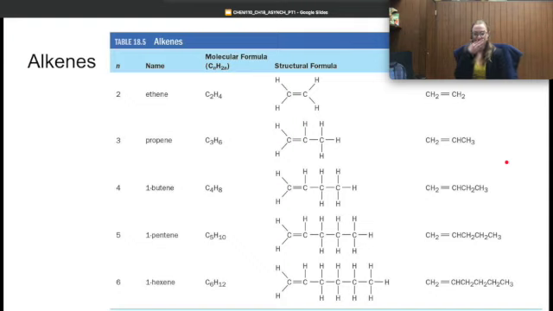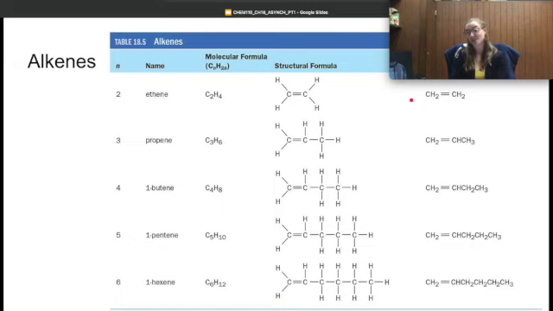You should be able to look at the structural formula or that condensed structural formula to determine if this is an alkene, alkane, or alkyne. And an alkene has a double bond somewhere in its structure. So alkenes are ENE, C sub N, H sub 2N, and have a double bond somewhere in their pictured structure.